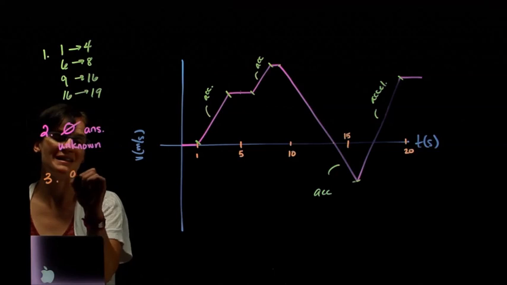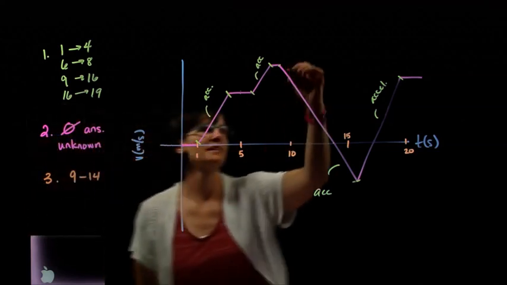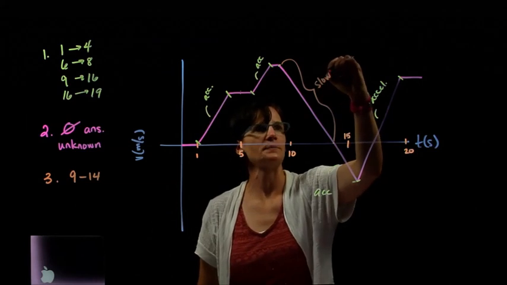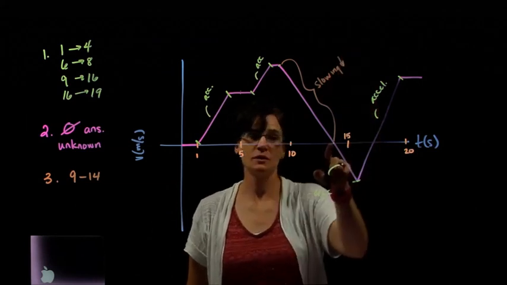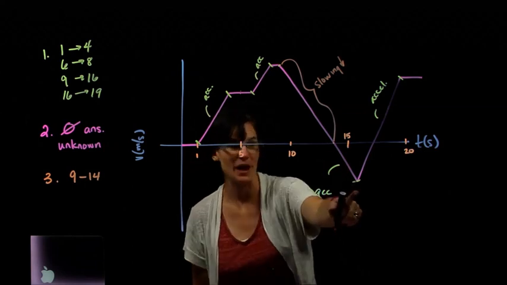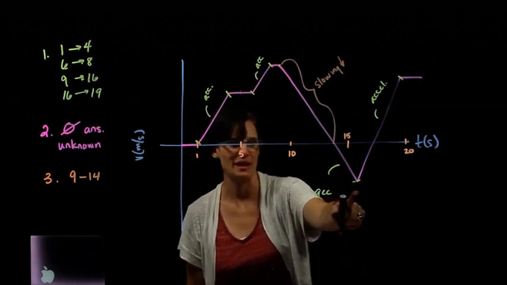So between 9 and 14, we're slowing down. As soon as I turn around, I start to speed up. My numbers get bigger and bigger. So after that point, it's no longer slowing down.